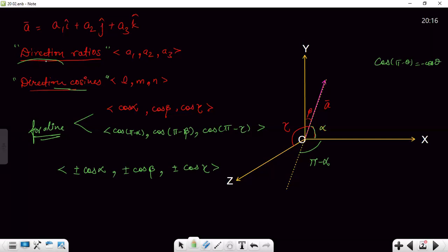We have already discussed that if we square and add the direction cosines, they will give us 1. Let me write it again: cos square alpha plus cos square beta plus cos square gamma is going to give us 1.